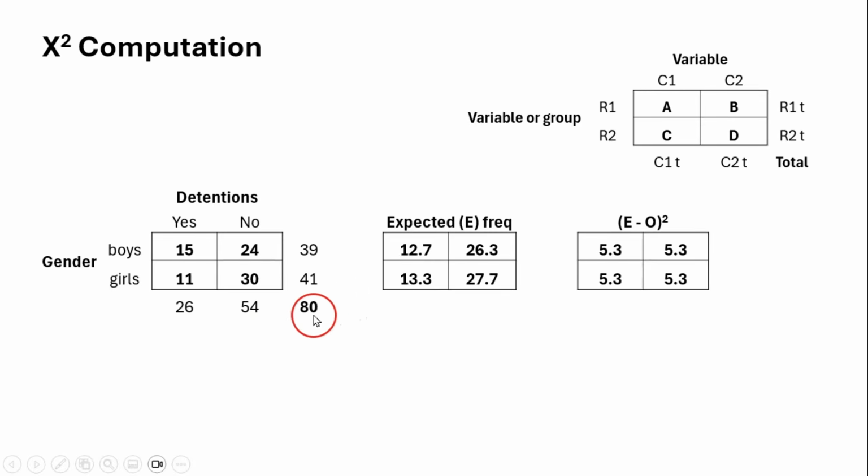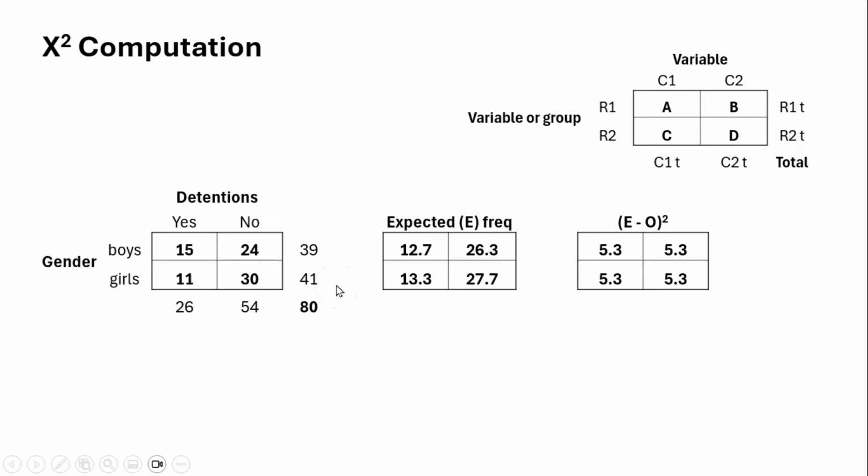And then if you look to the outside of the contingency table, you have these values here. You have the row 1 total, the row 2 total, column 1 total, and the column 2 total. And oftentimes these values outside of the actual observed responses are called the marginal values of the table. So 39 is the row 1 marginal, 41 is the row 2 marginal, for example.